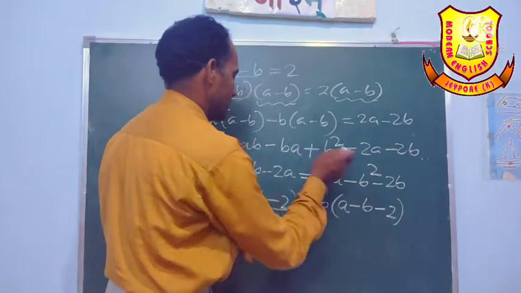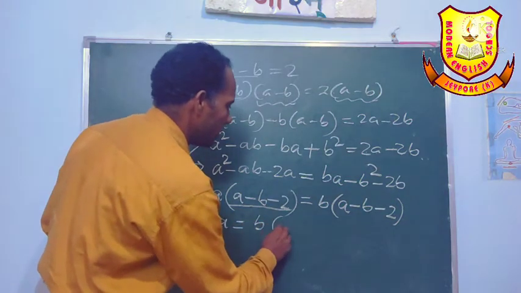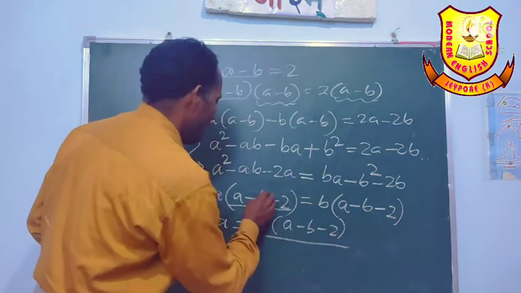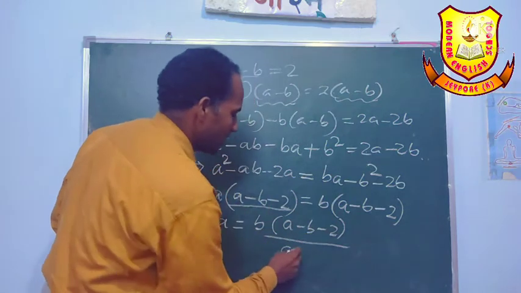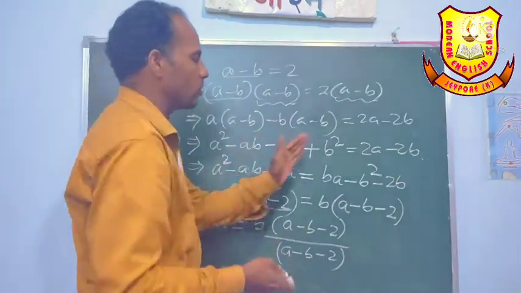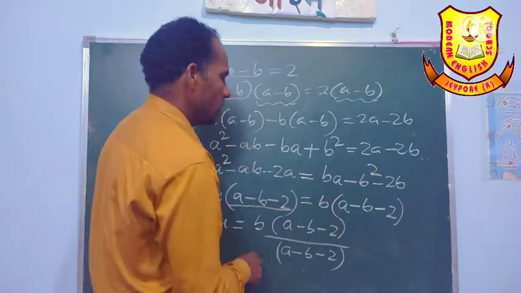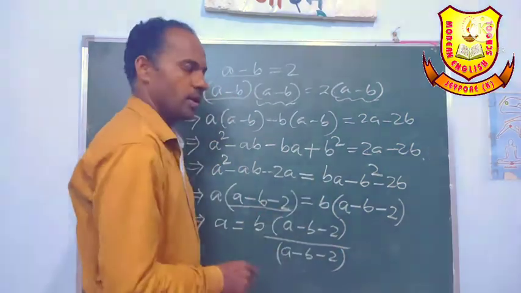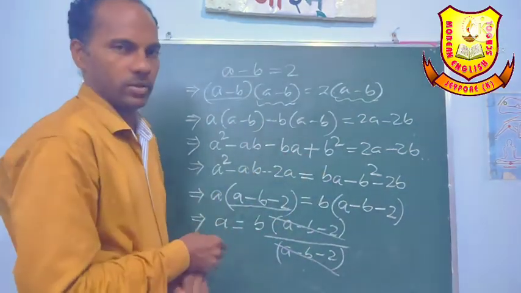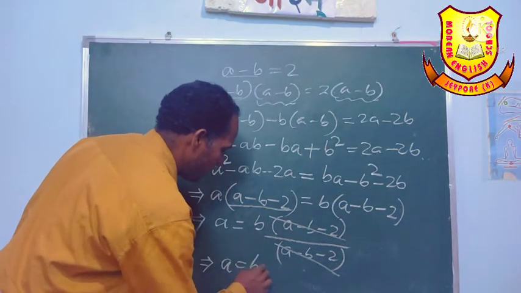So I take it to that side, and since it is multiplied on this side, it goes to that side as division. So a equals b into (a minus b minus 2) divided by (a minus b minus 2). This one, a minus b minus 2, and this one, a minus b minus 2, cancel. So now this implies a equals b.